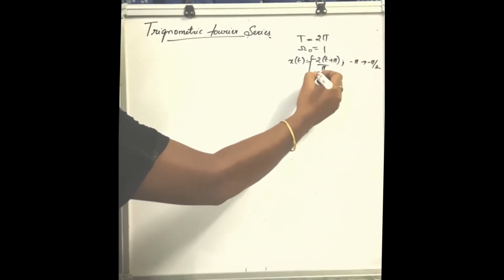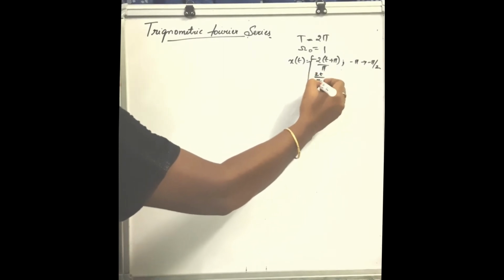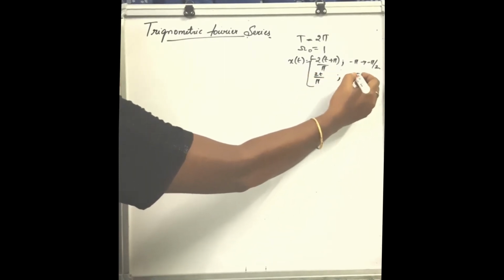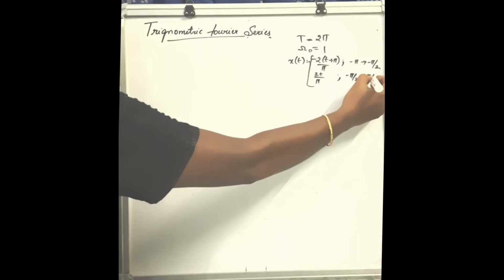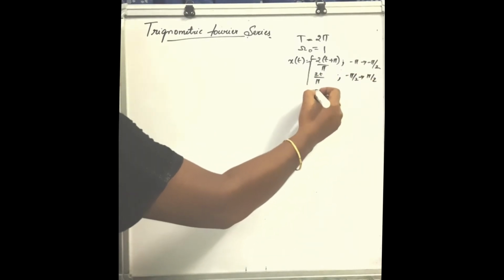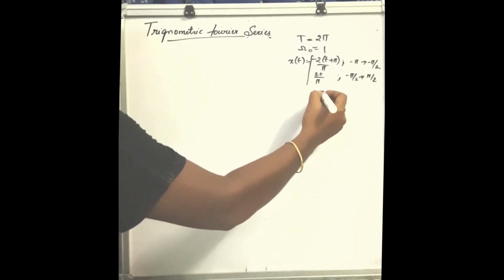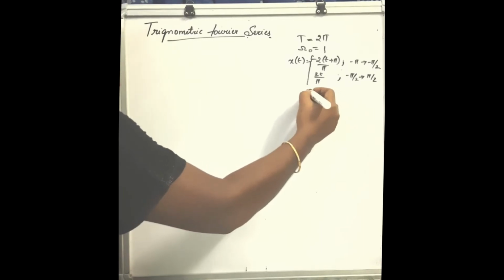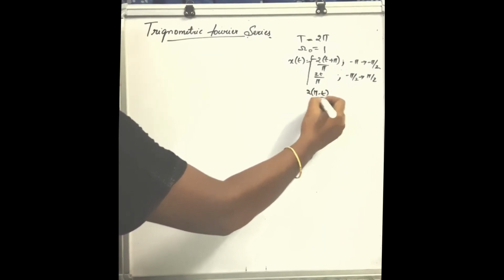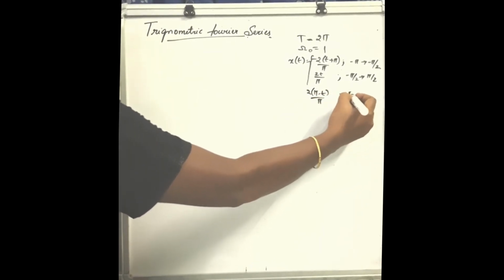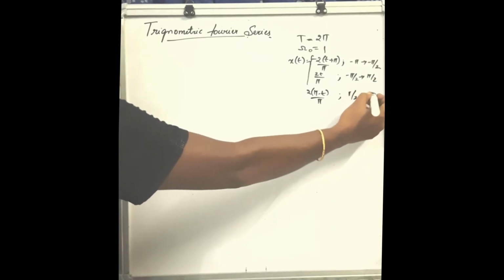Then it was 2t by pi for minus pi by 2 to pi by 2, and finally it was 2 into (pi minus t) by pi for pi by 2 to pi.